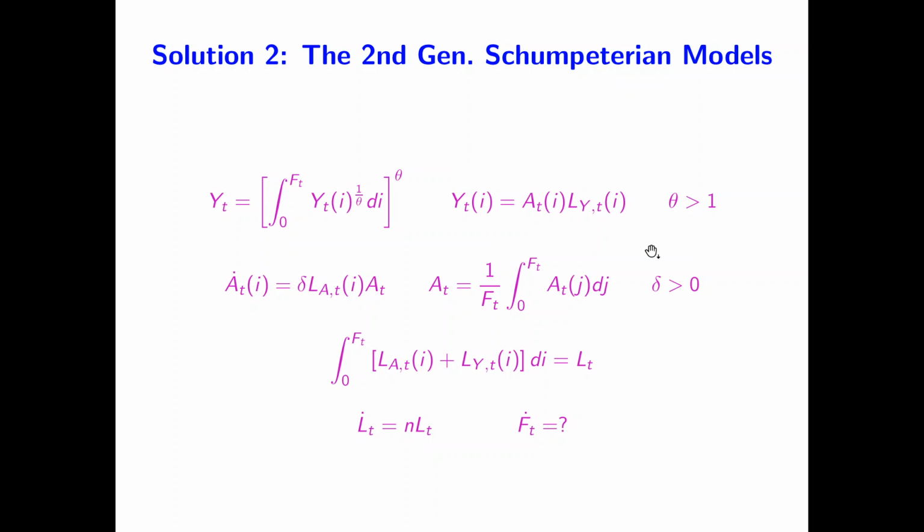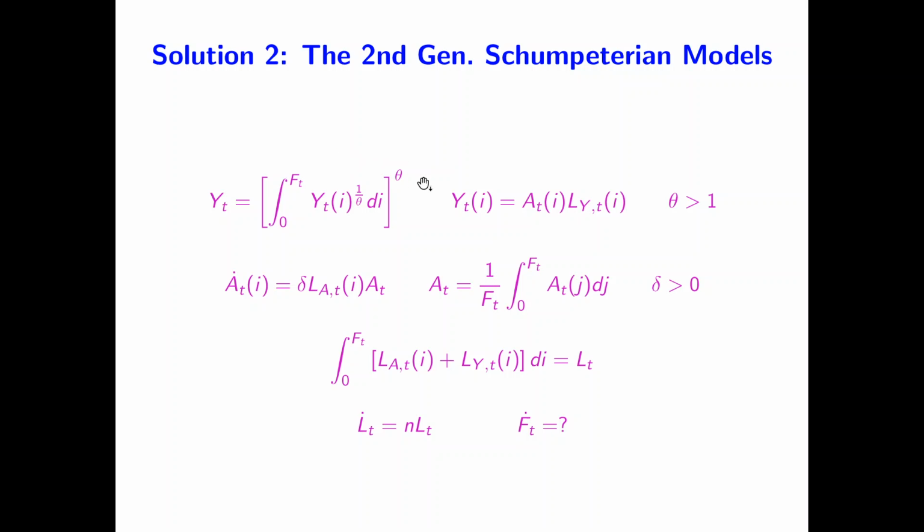So here is a toy model. Here's a toy second generation model. It looks a little bit complex, but it's not actually. So let me explain. In this model, i indexes the firms or the sectors in the horizontal dimension of innovation. All right. So they lie in an interval from 0 to N_t. So N_t is the number of firms or number of industries that actually innovate.